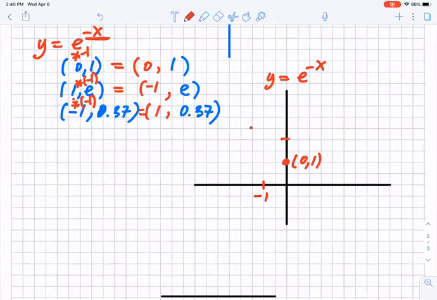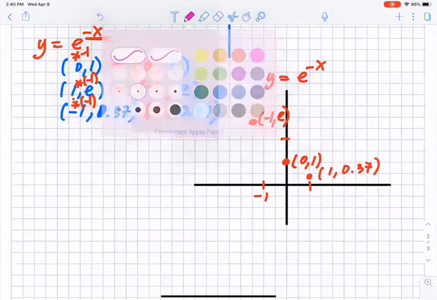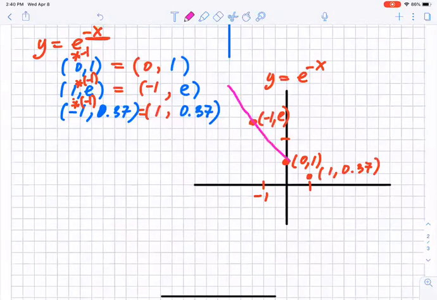Let's say if it's 2 here. And we're going to have 1 and 0.37, so it's like here maybe. So let's say this is our graph.